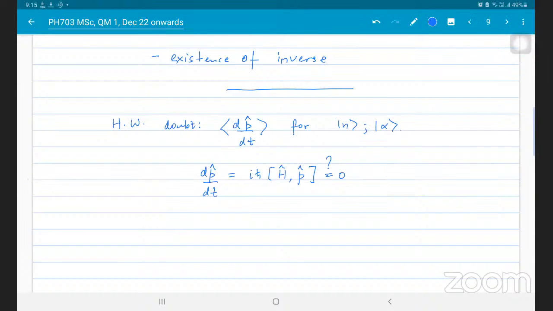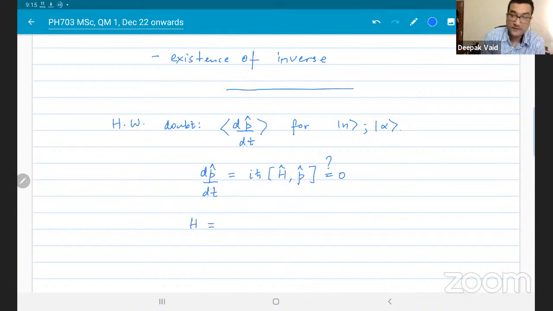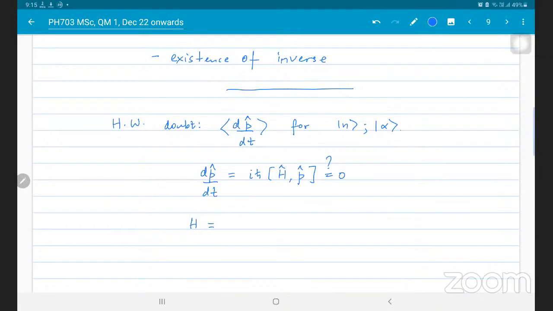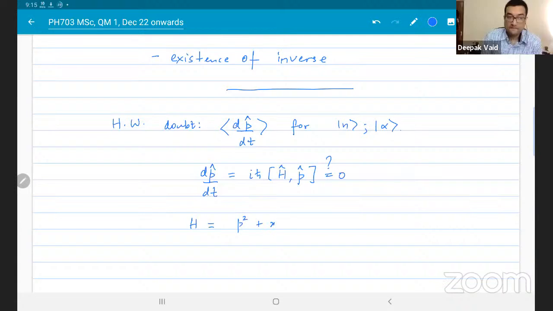Vipul, yes, sir. What is the Hamiltonian? The Hamiltonian is minus h bar squared by 2m d squared by dx squared, that is p squared, plus x squared, no? Yes, sir, except for some constants.